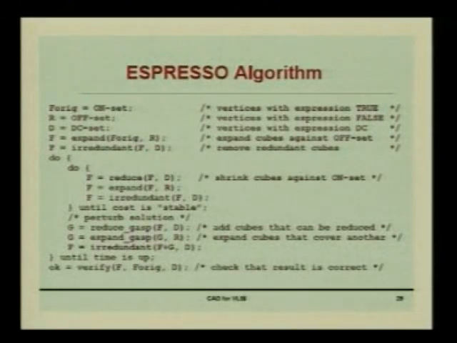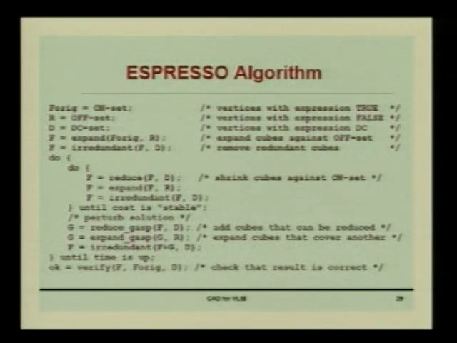This is the algorithm. You iteratively do reduce, expand, and irredundant on F and don't care terms to get the optimum solution. The algorithm can stop when your time bound is reached. That means suppose you want to run the algorithm for 10 minutes and 10 minutes is reached, whatever you have got, you will consider as optimum.